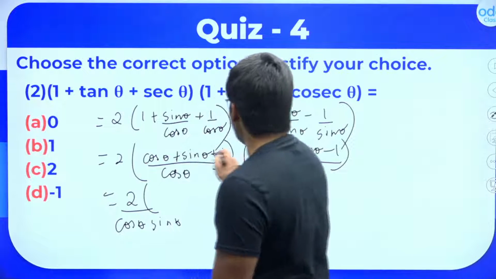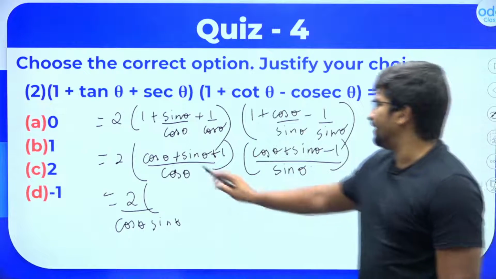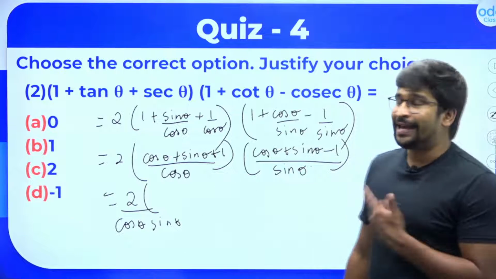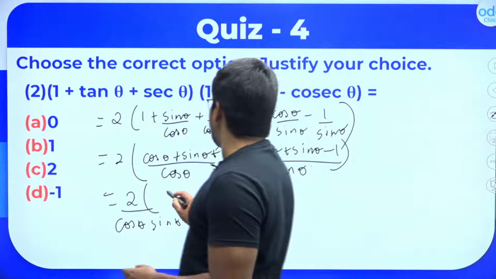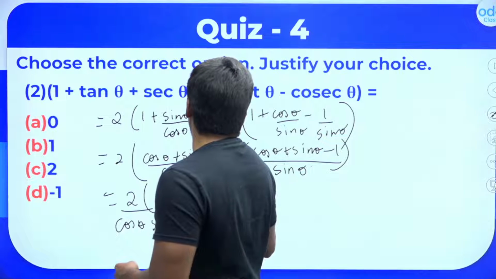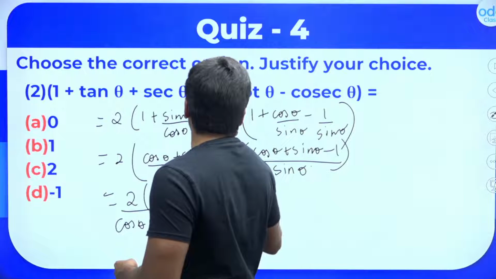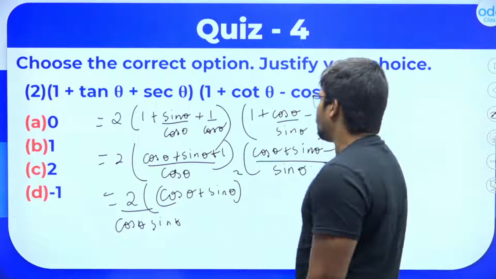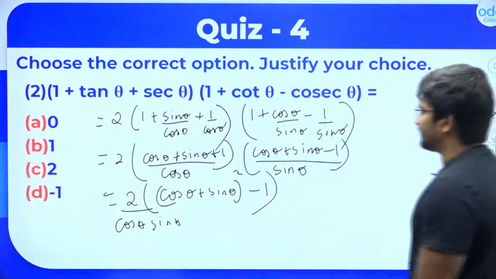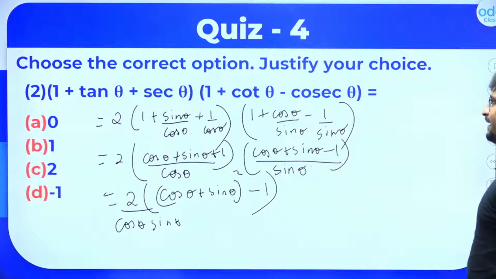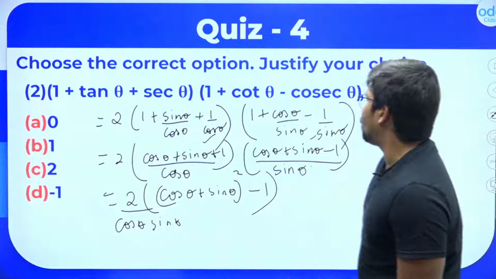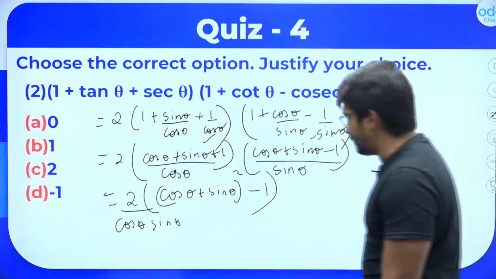And do you see an A plus B into A minus B? You can take A as cos theta plus sin theta and B as 1. So A plus B into A minus B is A square minus B square, which is cos theta plus sin theta the whole square minus 1, because this is A plus B, this is A minus B, where A is cos theta plus sin theta, B is 1.